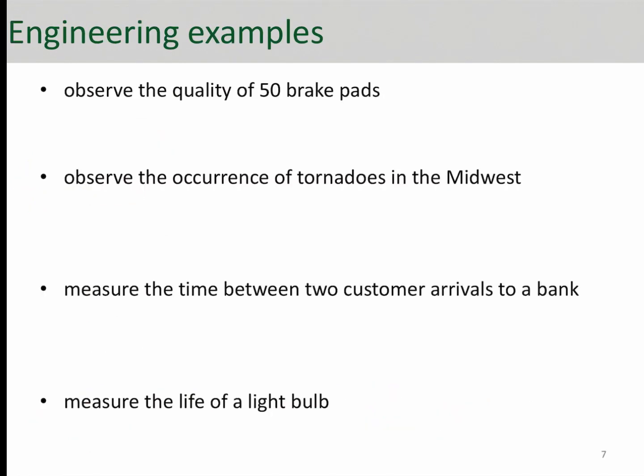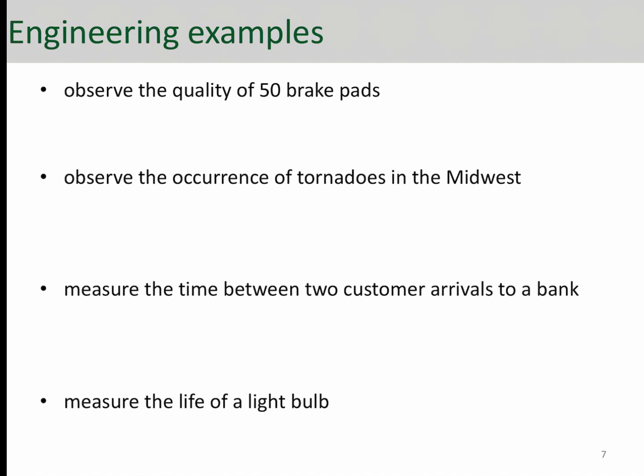Or you can think of random experiments in engineering or in real life applications. One of the common applications is in quality control. For example, you're observing the quality of 50 brake pads, and you can define a random variable here that is, for example, the number of defective pads among those 50 pads.